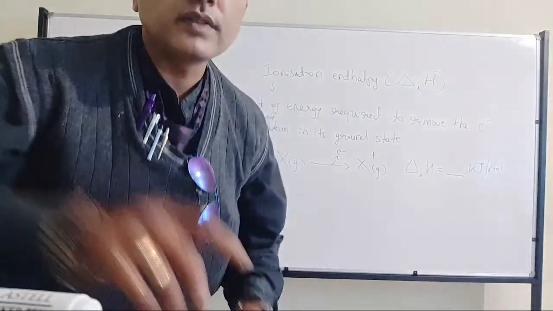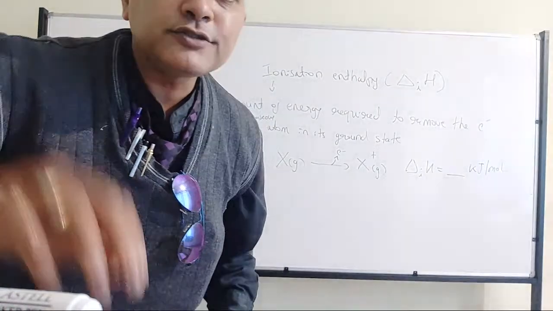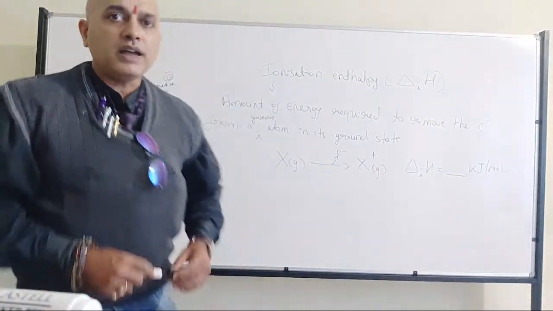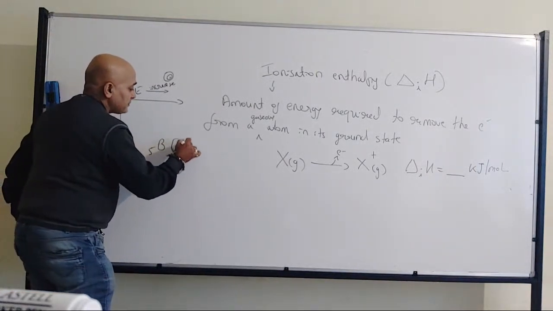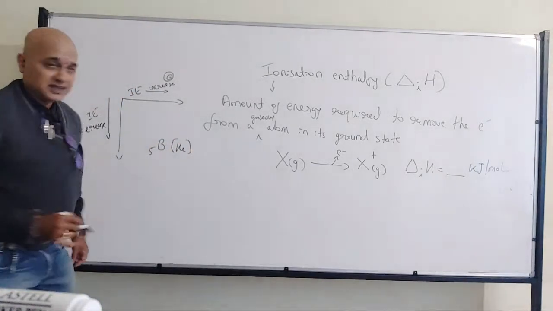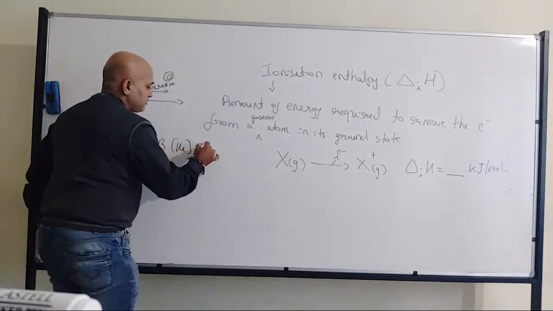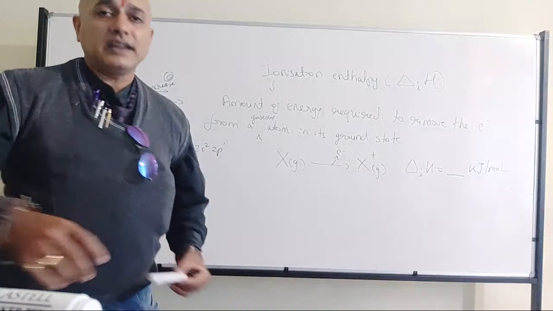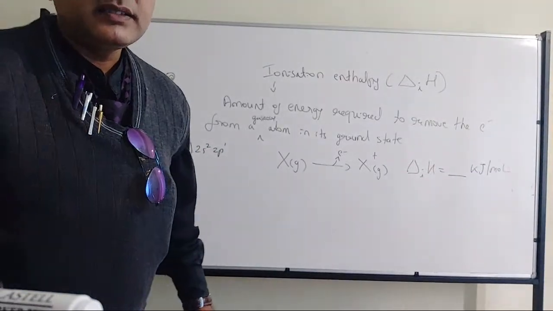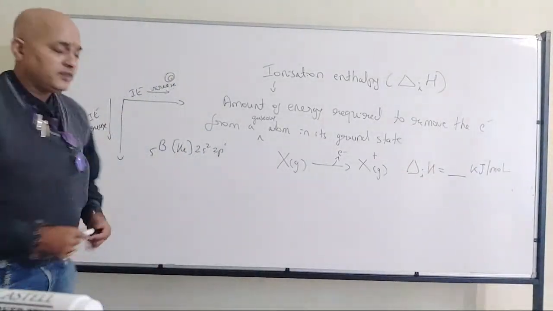Many of you have written 1s2, 2s2, 2p1. Very good. I will use helium for 1s2. Naturally, next is 2s2, then comes 2p1. Absolutely correct. That will be the electronic configuration.